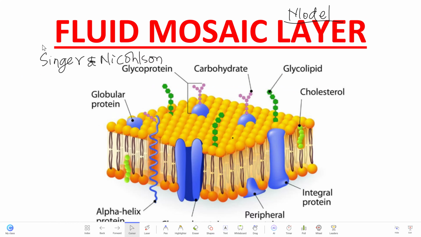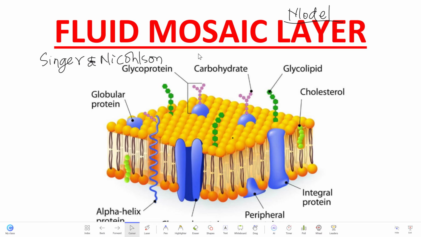On the fluid background of phospholipid heads, you find scattered proteins. So that gives the appearance of a mosaic. But the other mosaic we see is permanent. It won't move. This moves. These proteins are floating like icebergs, ice cubes in the water. It keeps moving all the time. So they call it the fluid mosaic model.